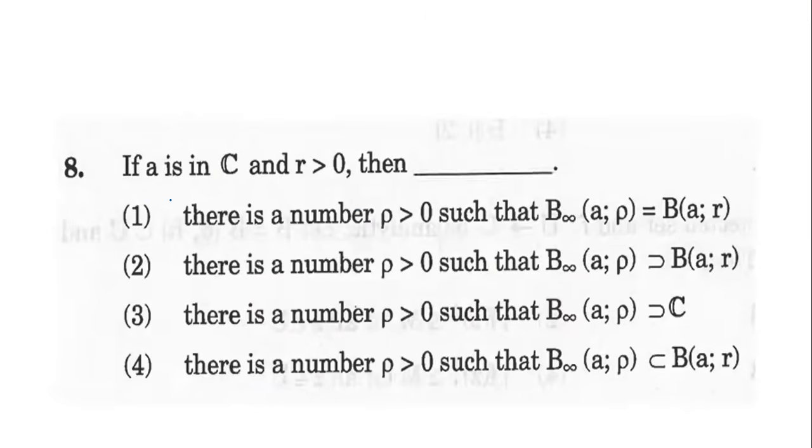Next, eighth question. If a is in C and R greater than 0, then dash. Options are: there is a number rho greater than 0 such that the open ball B infinity a rho is equal to the open ball B a R. This is important.